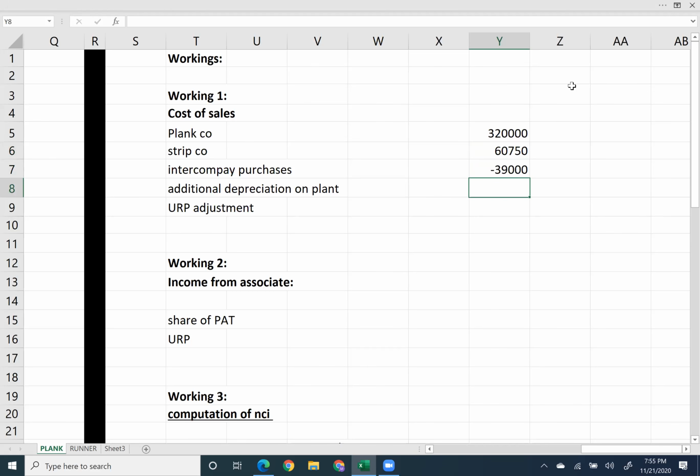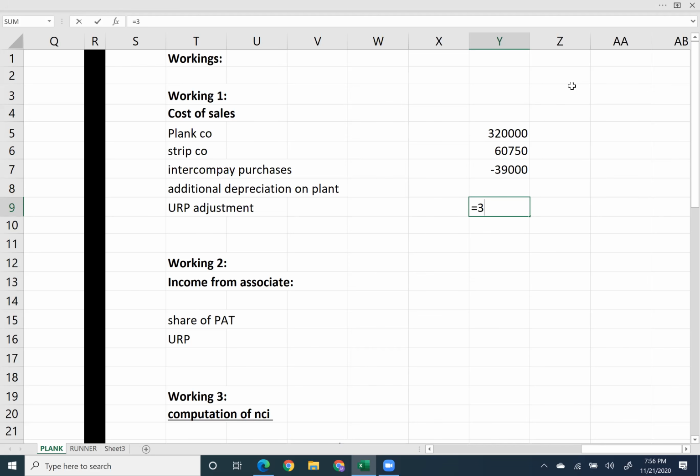Okay, now hope you remember the URP thing. URP, we need to add URP. How much was the URP? I think, wait. 2250. Yes, URP was 2250. You can directly write it, or you can calculate it as well.